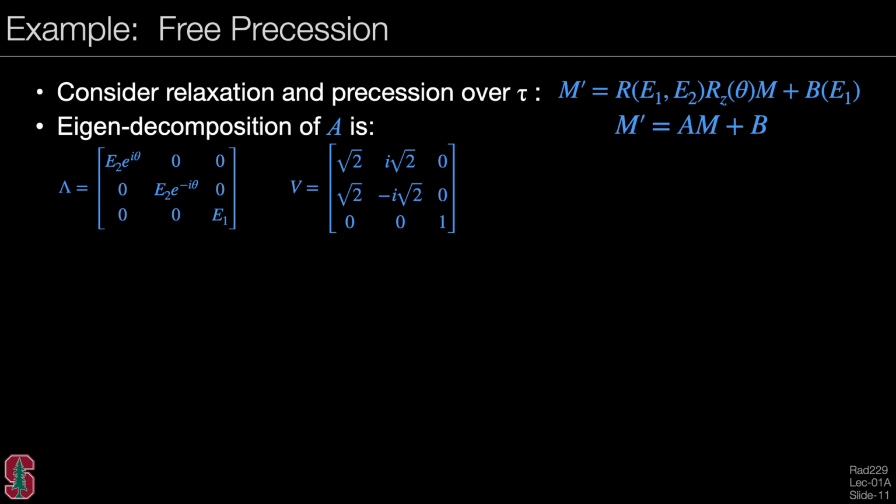And notice that they actually have a complex exponential for the rotation by some angle theta, which is precession. If we look at the eigenvector matrix, we actually have two orthogonal vectors that are in the mxy plane here.